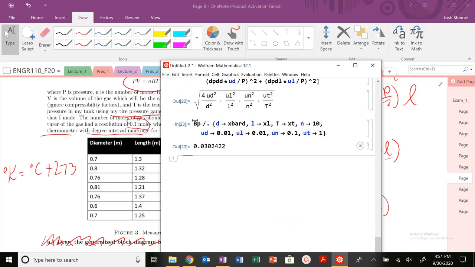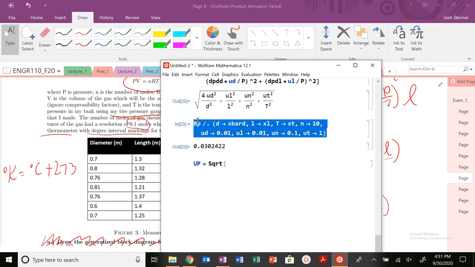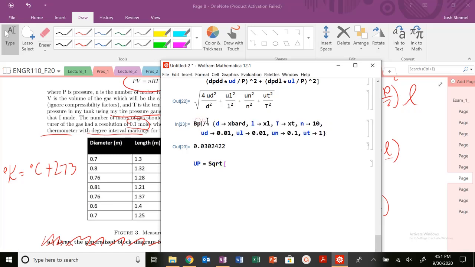So this is, again, not in percentage yet, we're just in pure fractions, so my total uncertainty U of P equals the square root of my bias pressure, my BP, squared, plus my precision error.